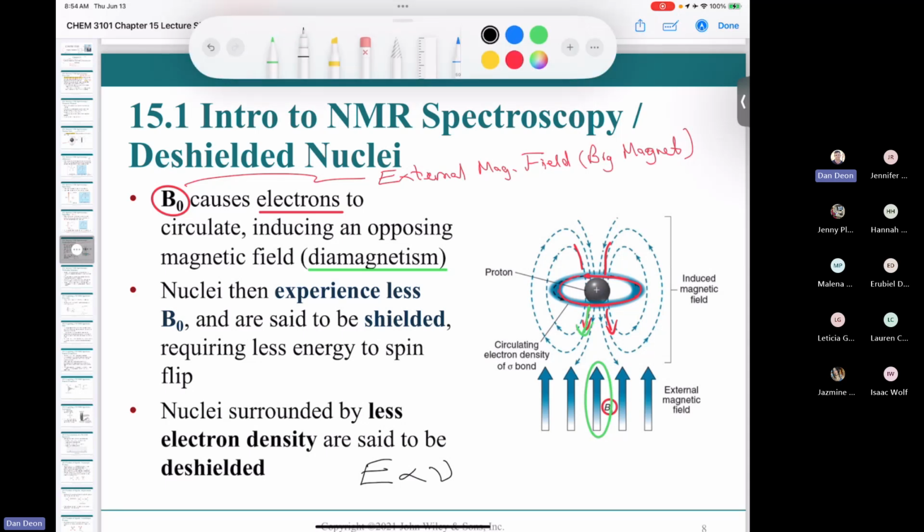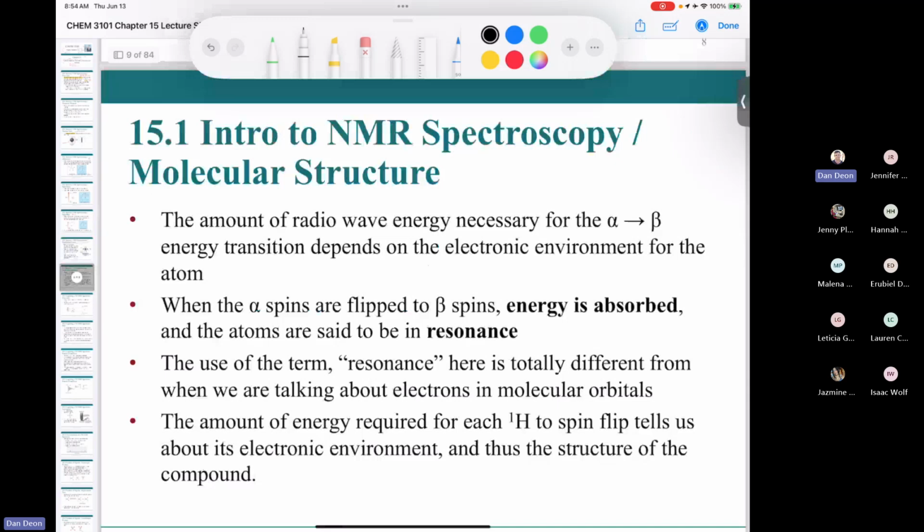All right. So now that we've unpacked that, it says the amount of radio wave energy, the amount of energy that you need to go from the alpha spin state to the beta spin state, like I just said, depends on the electronic environment of the atom. Why would that be? Because energy is directly proportional to frequency, but it's also directly proportional to B0.